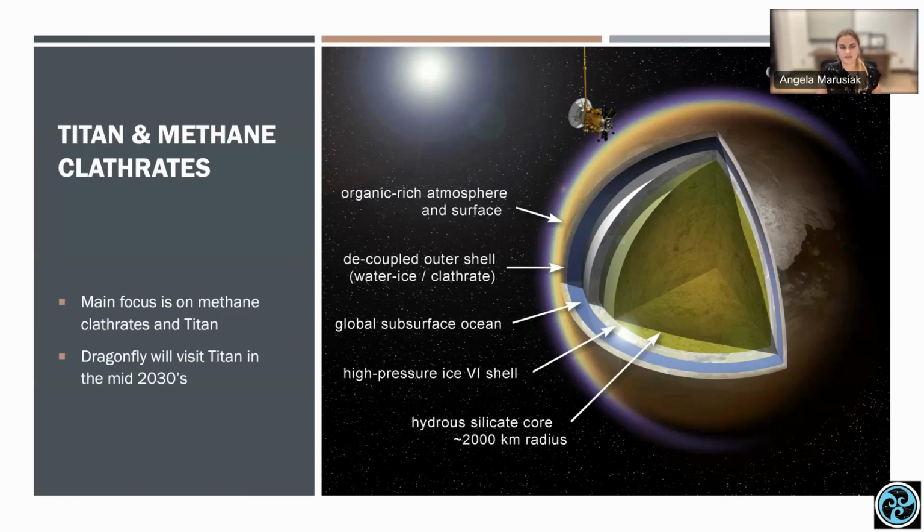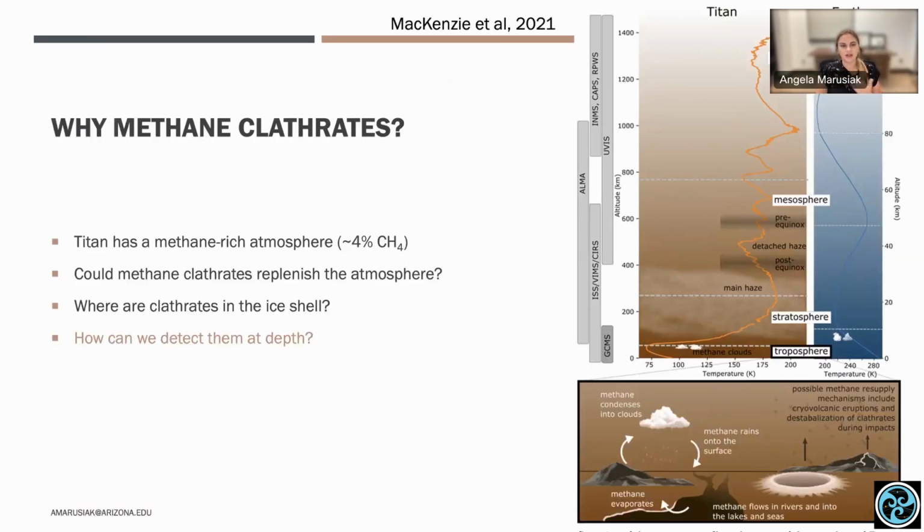I'll talk about Dragonfly in a little bit, but the key mission goals are to look at things like internal structure and composition of the ice shell, to be able to speak to how Titan evolved to its current state, and potentially answer questions about whether there are the ingredients needed to sustain or harbor life, either at the surface or in the subsurface ocean. I focus mostly on methane clathrates because of the likelihood that they exist on Titan and their relevance to the Dragonfly mission.